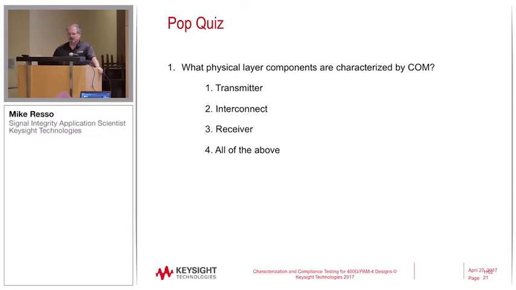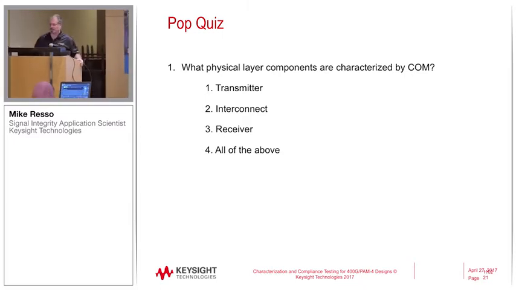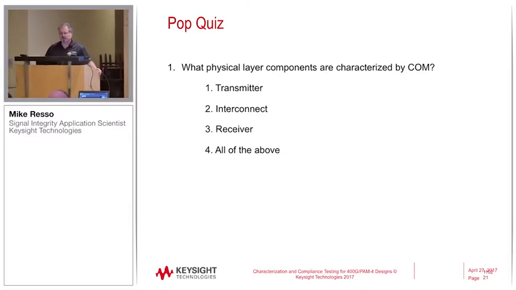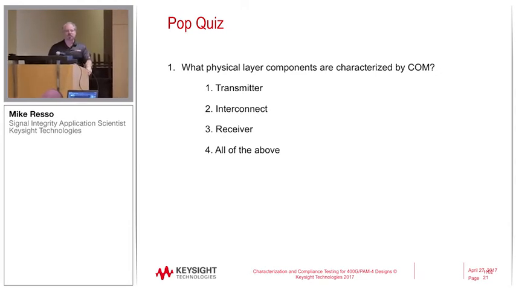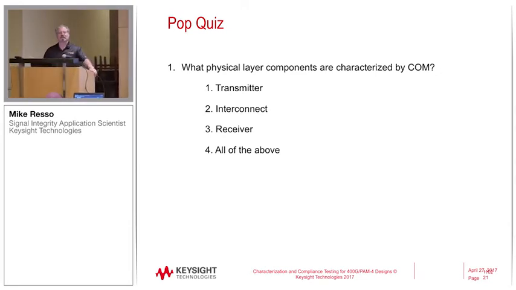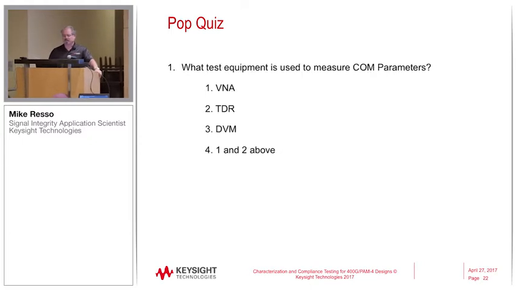Okay, so I need to give away a few more books, so I've got 3 more questions. What physical layer components are characterized by COM? Answer 1, 2, 3, or 4. All of the above, right? What test equipment is used to measure COM parameters? 1 and 2, that's right.